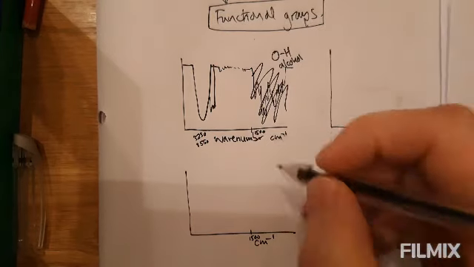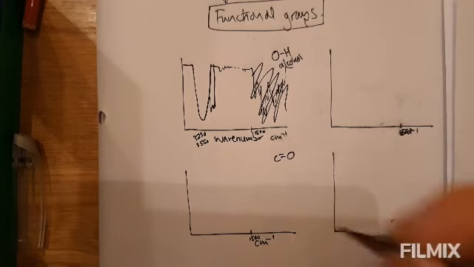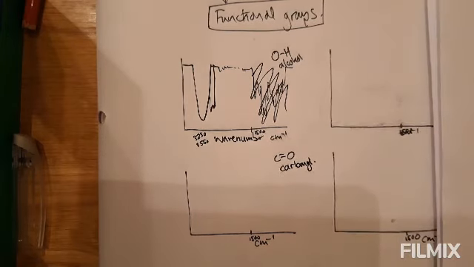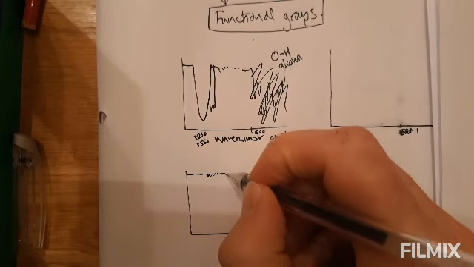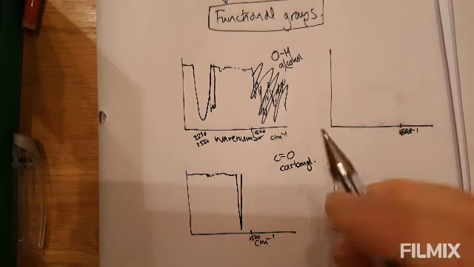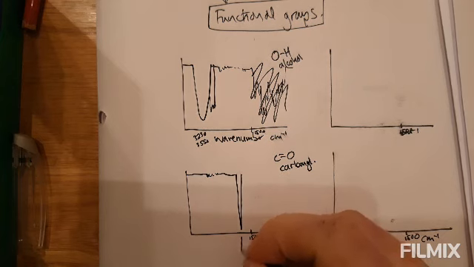Alright, so the next one I'm going to show you is a C double bond O peak. Now a C double bond O, or a carbonyl peak, looks like this. There'll be other little noise here and things like that, and then it's a very, very big, sharp peak, not rounded, a sharp peak at around 1700.